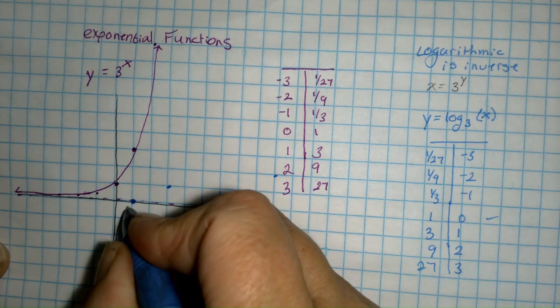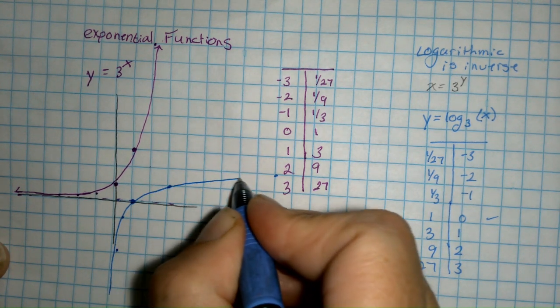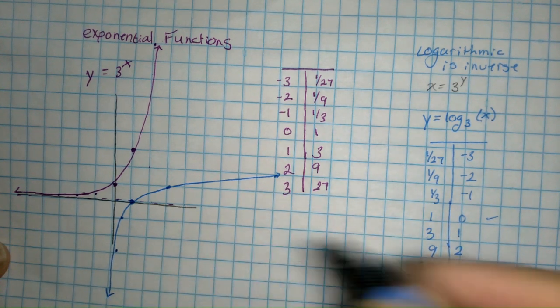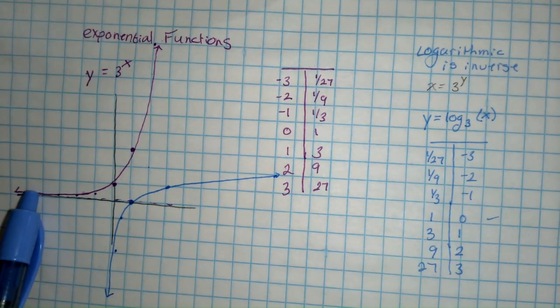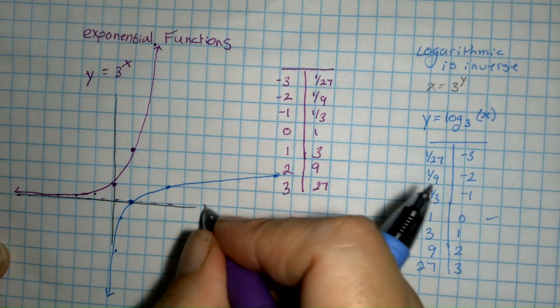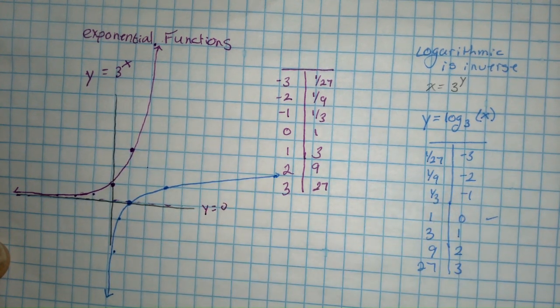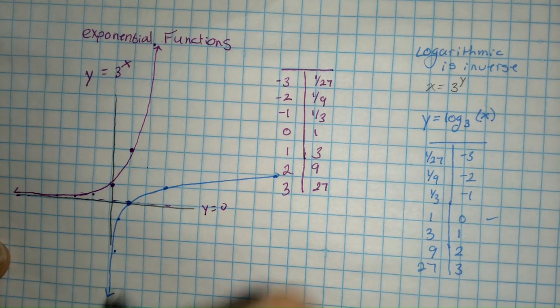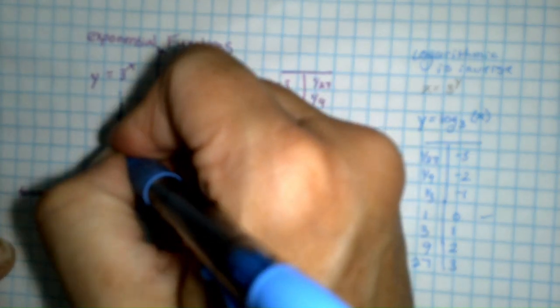Okay, so we can see a couple things. Because there was a horizontal, y equals 0 asymptote before, now we have an x equals 0 asymptote. And the asymptotes are important if you're drawing the graphs.